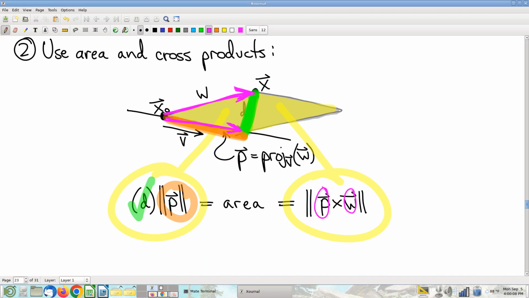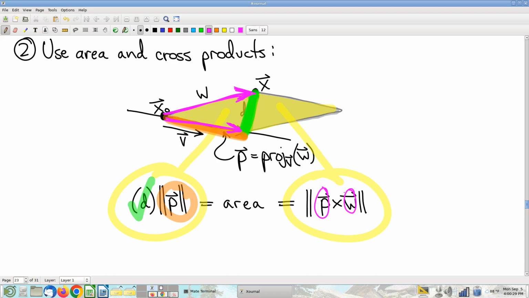And the magnitude of the cross product is a formula that computes the area of that parallelogram. So I have computed this yellow area that I don't care about two different ways, one of which involves what I want. Solve.